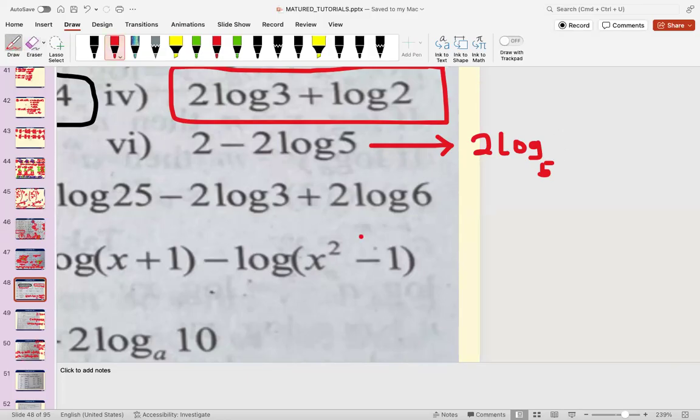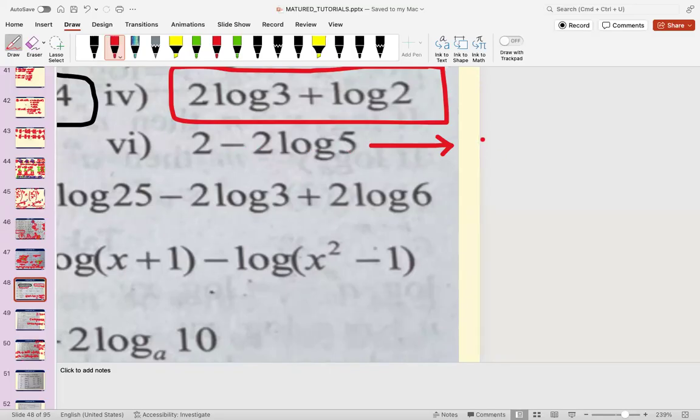Okay, let me not confuse you. I wanted to introduce some number bases, but let's go the simple way. So watch this one. 2 minus 2 log 5.